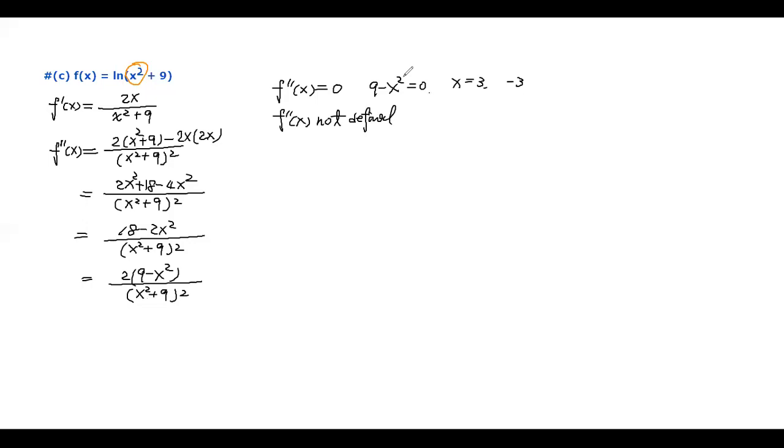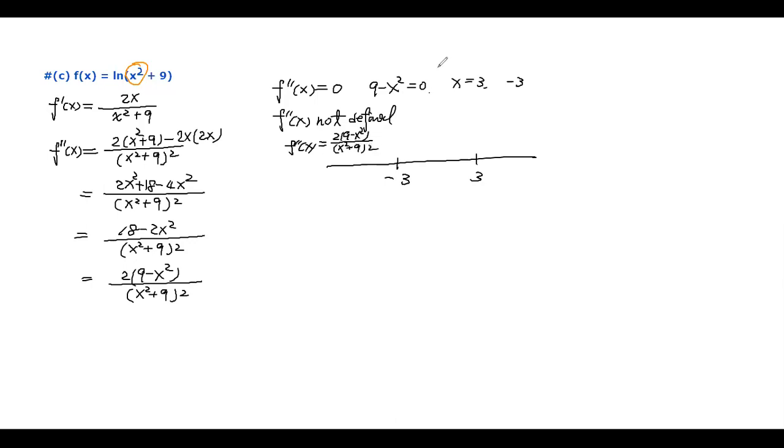So every number, you won't get zeros, right? So now I know I only have negative 3 and 3 here, right? So now I put the f double prime x here. Okay, so the f double prime x here.